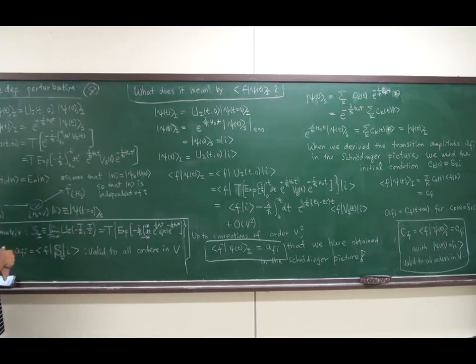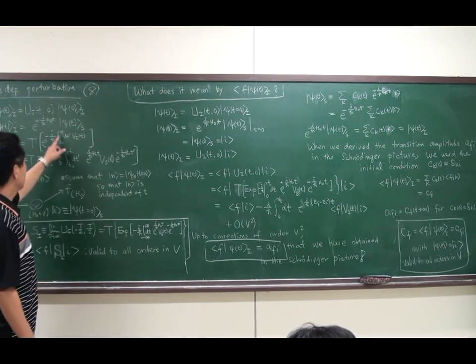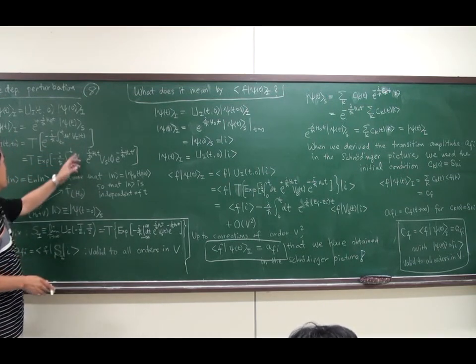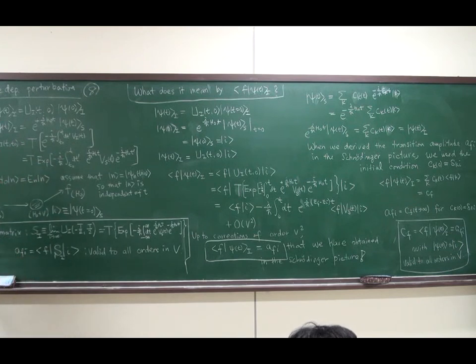And the time evolution operator U_I running from t0 to final time t is the time ordered exponential of minus i over h bar integrated over time with respect to the potential in the interaction picture.